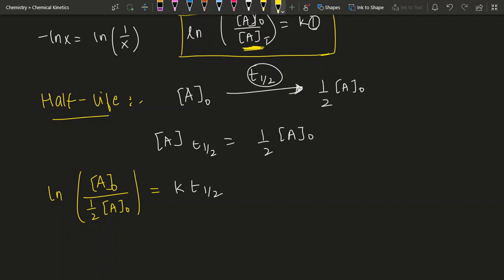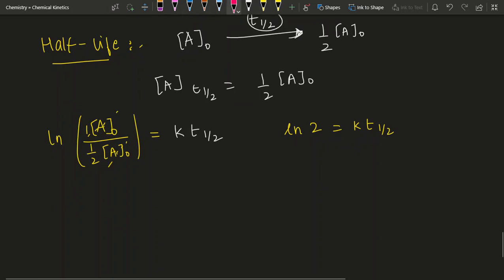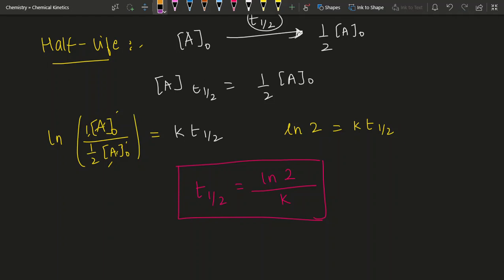And here you can easily cancel the A naughts, and you would have natural log of 2, since 1 over half is 2. Natural log of 2 is equal to K times T half. And that means that the half-life of a first order reaction is equal to natural log of 2 over the rate constant, and that's really nice. You could also have used an approximate value for the natural log of 2, and that is 0.693 over k.